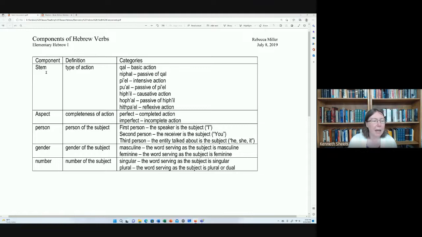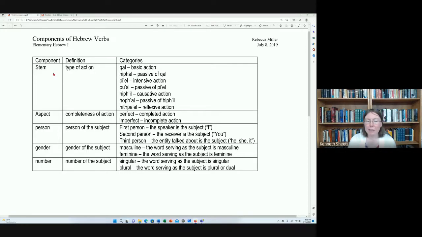We had seen that Hebrew verbs consist of a stem, which basically tells us the type of action that is involved with the verb, the aspect, which refers to the completeness of the action, person, gender, and number, and those last three pertain to the subject of the verb. So the first two, stem and aspect, tell us a little something about the action of the verb, and the last three, person, gender, and number, tell us about the subject.